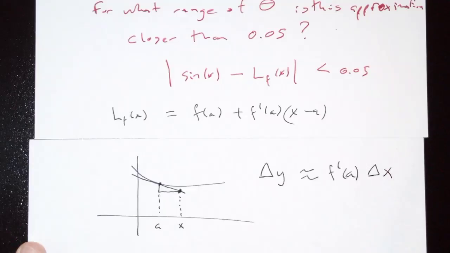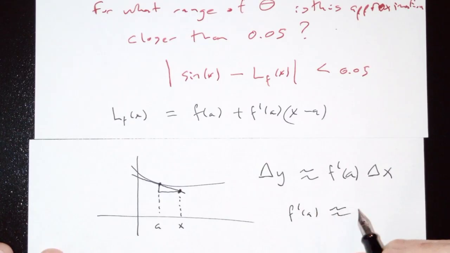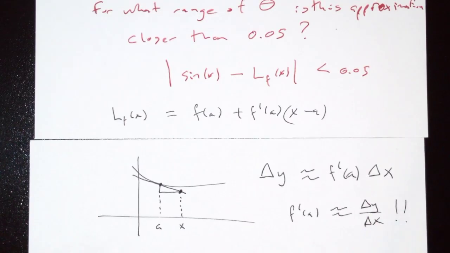times the derivative. Wait a minute. This is slope. Isn't slope change in Y over change in X? Change in Y. This is just treating them separately, like the change in Y and the change in X are separate bits. I like that idea.